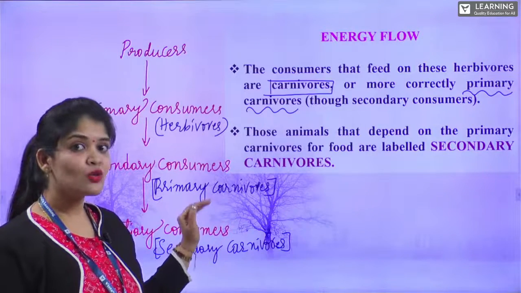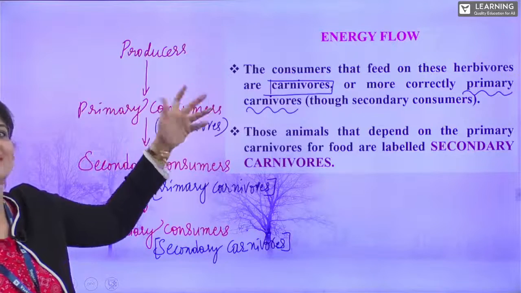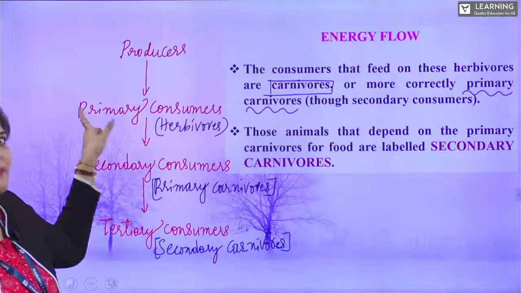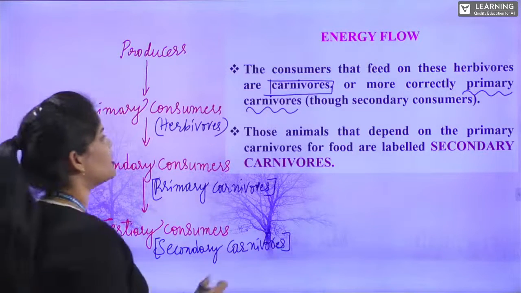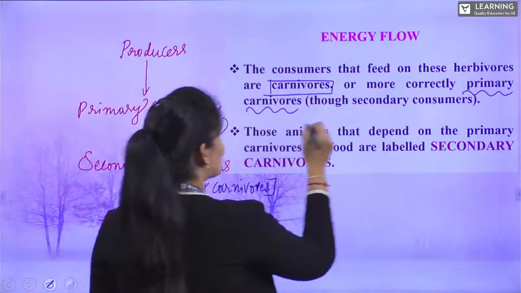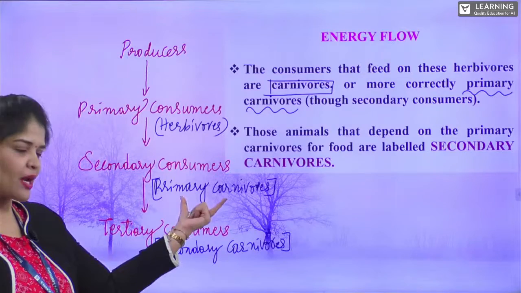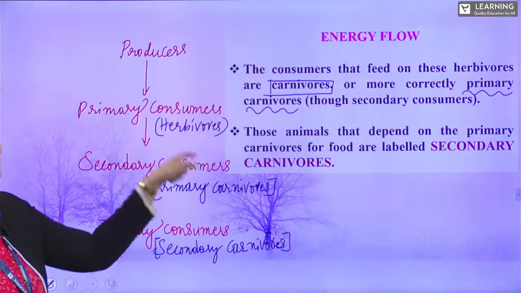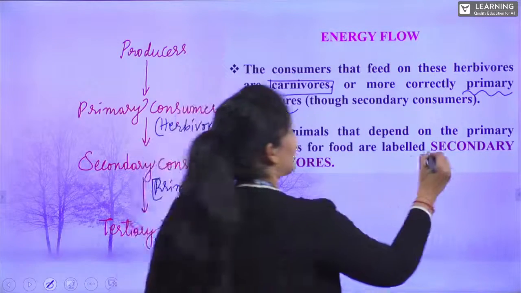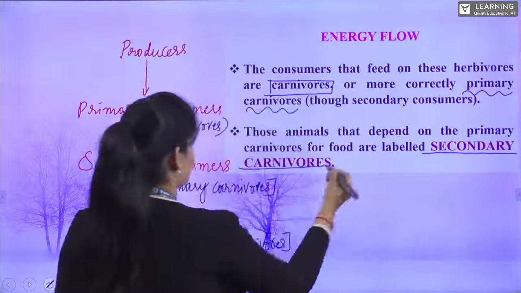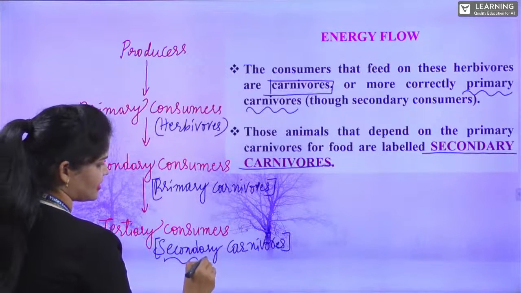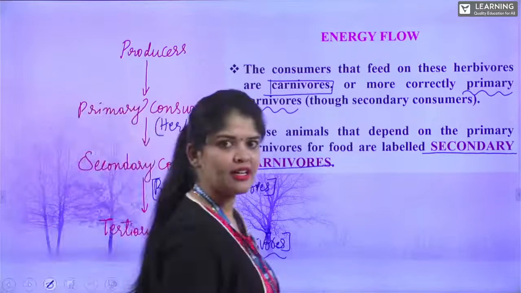These primary carnivores consume the herbivores, which are considered primary consumers. Now, the animals that depend on the primary carnivores, which are tertiary consumers, are labeled secondary carnivores, right?